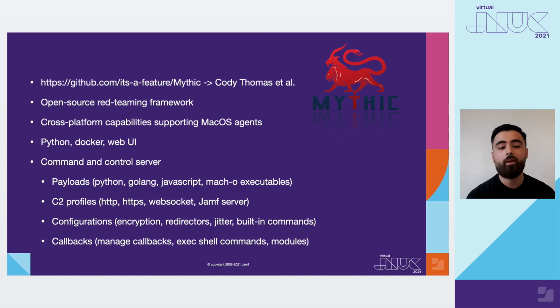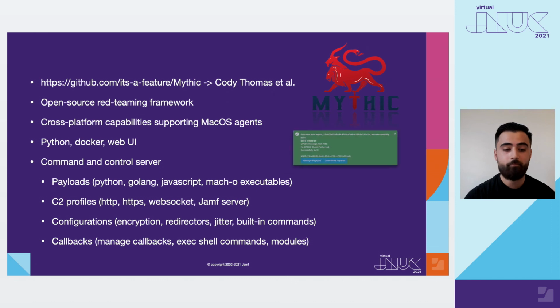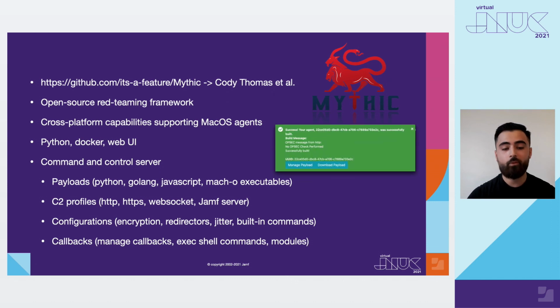It's available on GitHub, and it has various cross-platform capabilities supporting macOS agents, developed on Python, Docker, and it also has a web UI. So now the command and control server consists of various payloads, C2 profiles, configurations, and callbacks. You would first generate a payload within the Mythic UI, and you can configure various profiles and also configure redirectors, encryption, specify built-in commands, and so on.